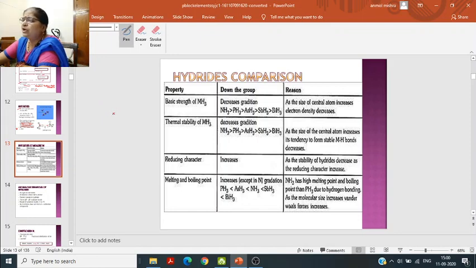As you move down the group the basic character or the basic strength decreases. Ammonia is the most basic and bismuthine is the least basic. The reason given is, as the size of the central atom increases, electron density decreases.